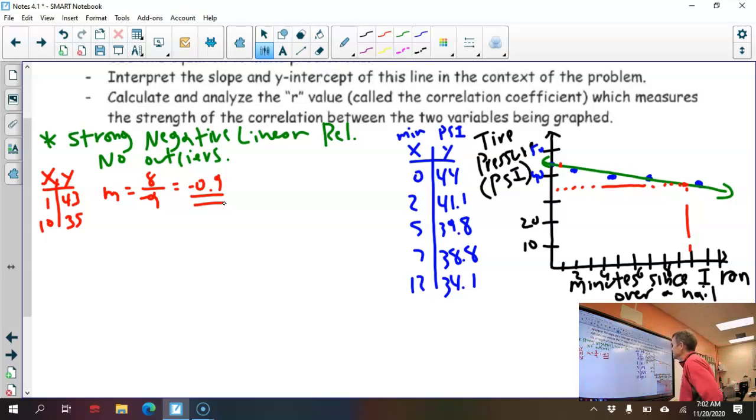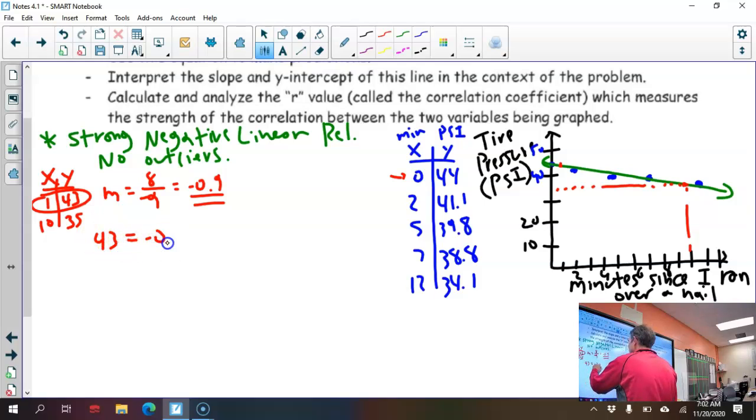And then I need the y-intercept. Now you guys, I know it looks like the y-intercept is right here at 44, but sometimes your best fit line does not go directly through the points on the table. So you need to calculate the y-intercept. And if I was going to calculate it, I'll probably take this first point and use it to calculate it by saying y equals my slope times x plus b.